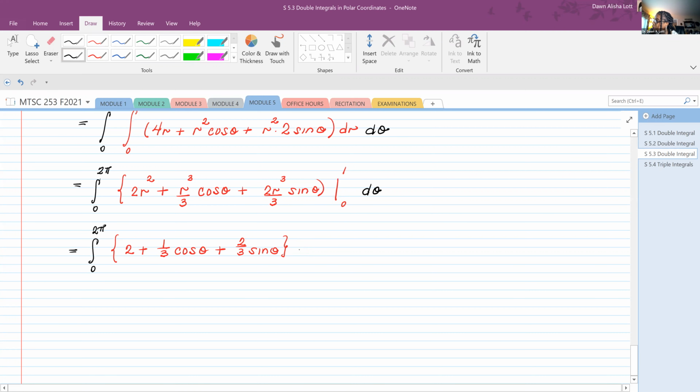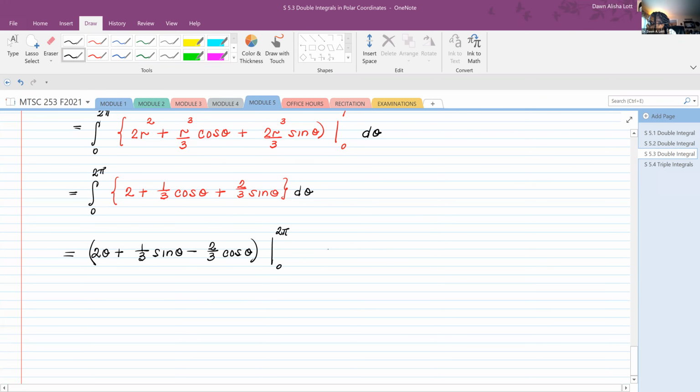And then now that's what I have to integrate with respect to theta. So this becomes 2 theta plus 1/3 the sine of theta minus 2/3 the cosine of theta, all of that evaluated between 0 and 2 pi.